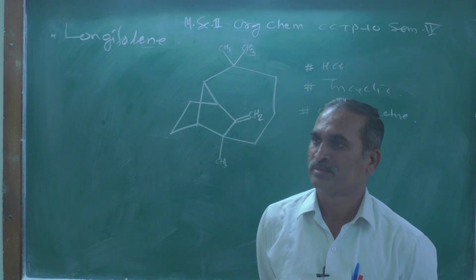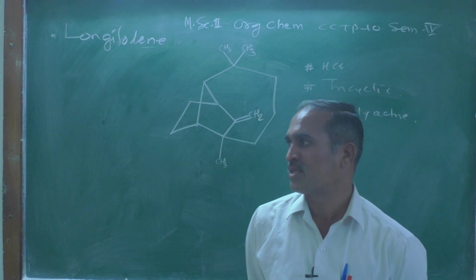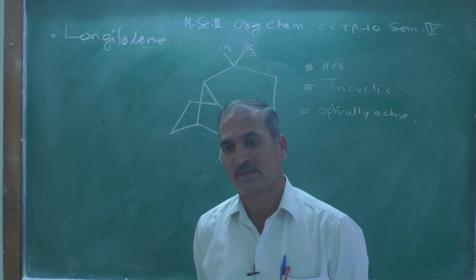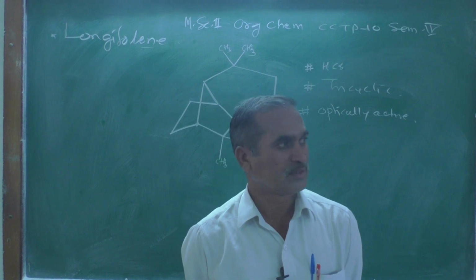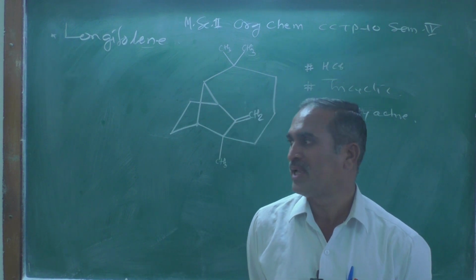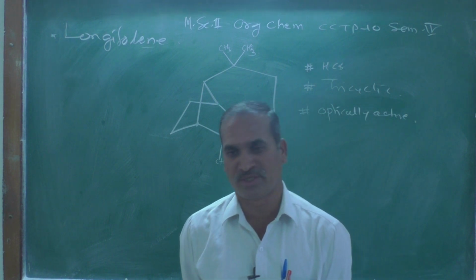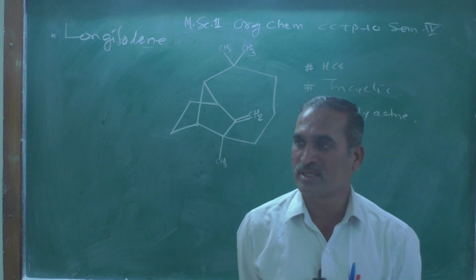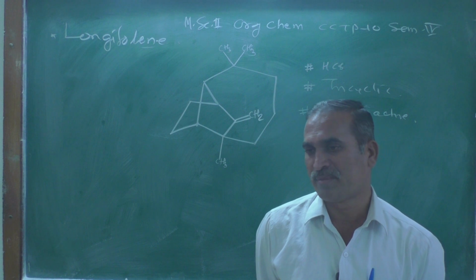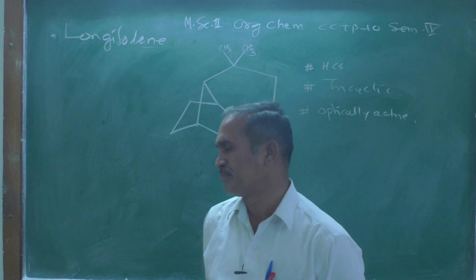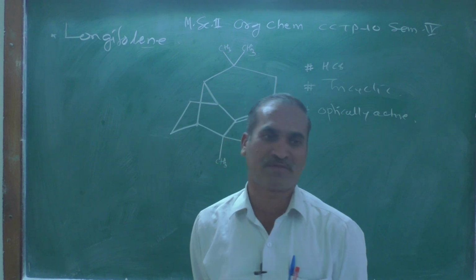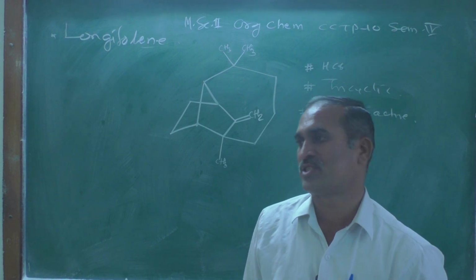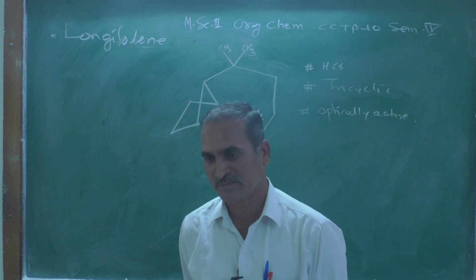Even though the compound has more than 2 chiral centers, there is a possibility it may be optically active or optically inactive. How do we decide? If there is a center of symmetry or plane of symmetry, or the compound possesses an alternating axis of symmetry, then that compound is definitely optically inactive, even though it contains chiral centers.